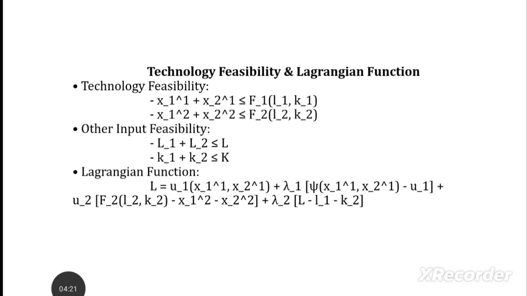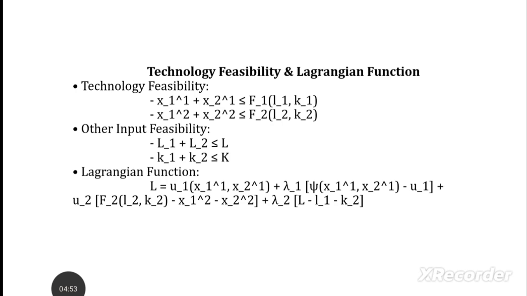In technology, feasibility and the Lagrangian function. The output of firm 1 cannot exceed its capacity, which is known as production feasibility, and the total labor and total capital used cannot exceed the available labor L' and capital K', which is known as input feasibility.